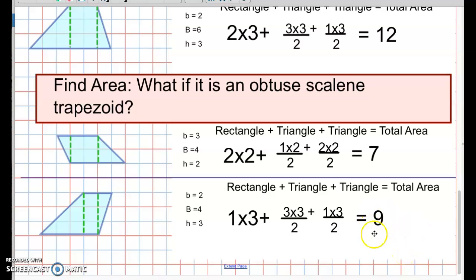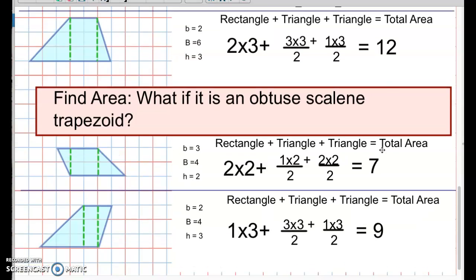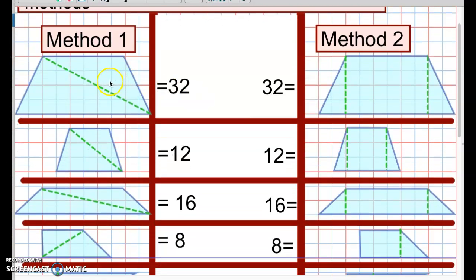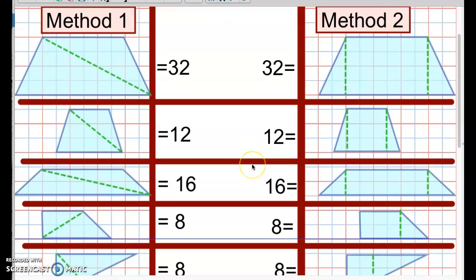Now when we compare our answers, I could do this with 3 different strategies, but the point of it was to check our answers with our first strategy to find out, did it work? Were we on the right track? So I've made a table of the values that I came up with using method 1 and using method 2. And it turns out that we did get the same answer both times.